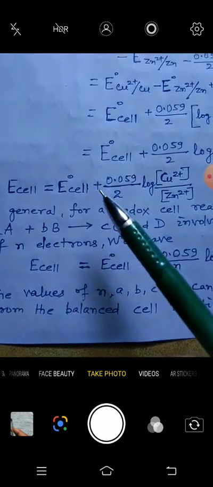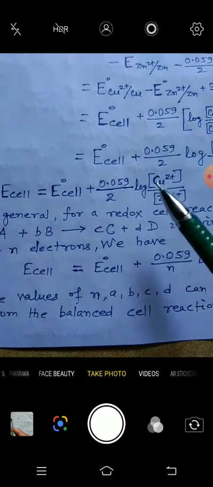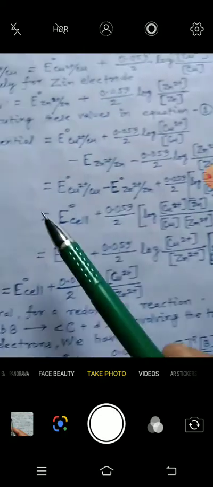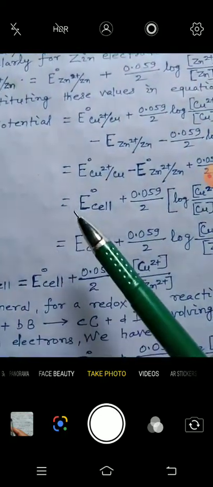If you use the minus sign here, then the concentration of the anodic compartment will be above and the cathodic compartment below. Once again, see here.